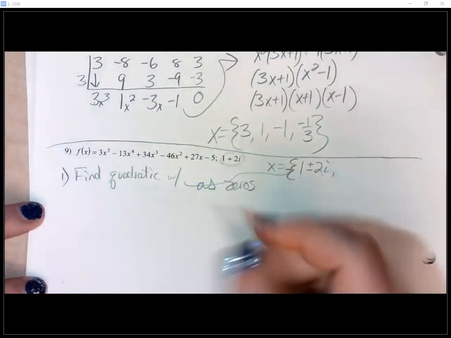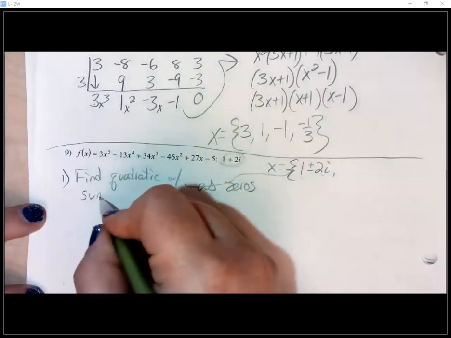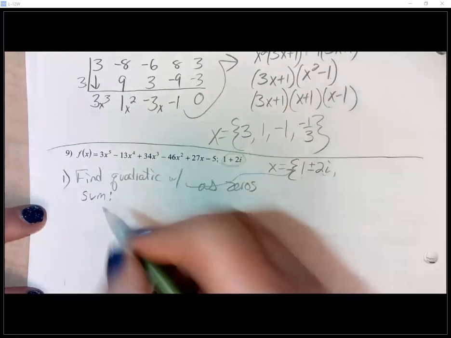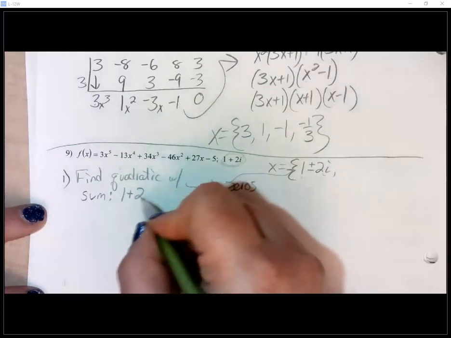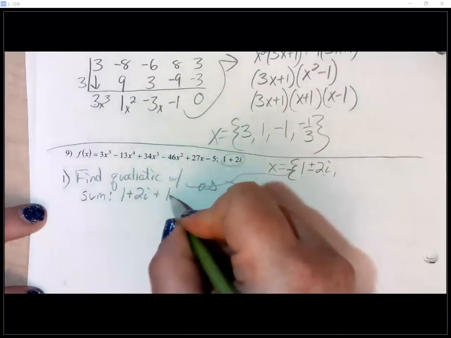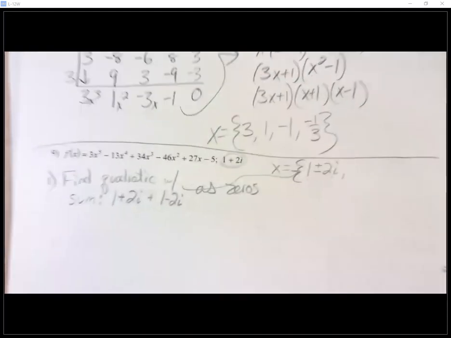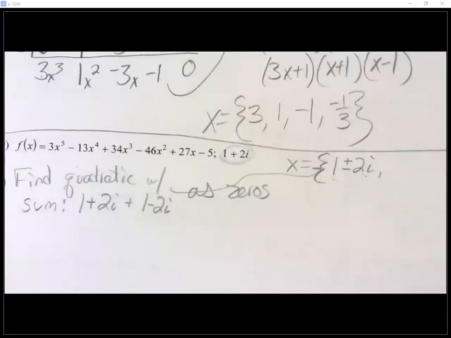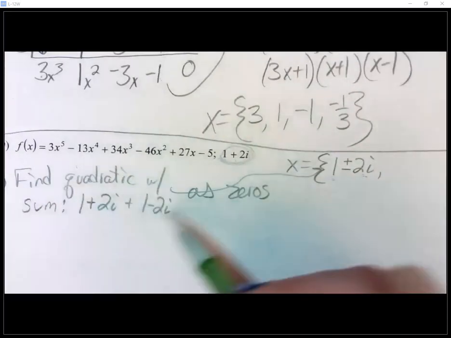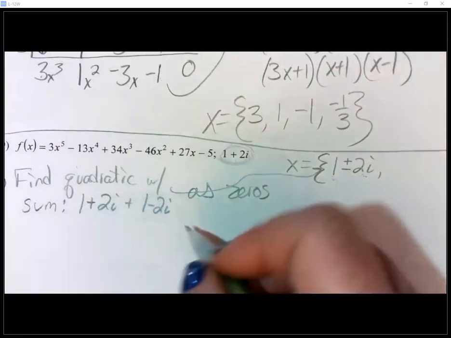So first I need to find their sum. So if I have 1 plus 2i plus 1 minus 2i, what's my sum? The plus 2i and the minus 2i are going to cancel. I just have 1 plus 1. So isn't the sum just 2?